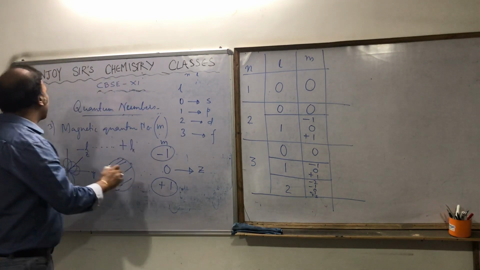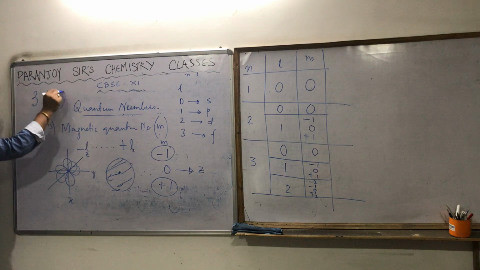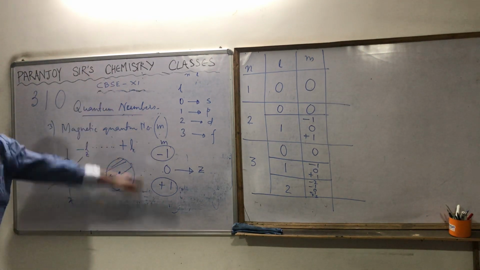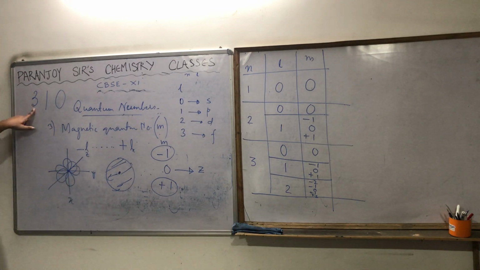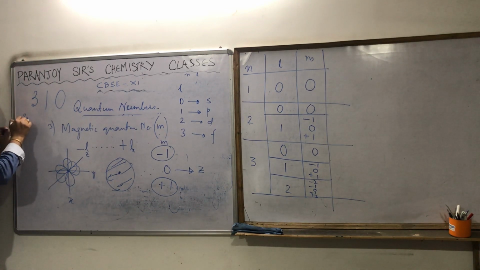Now, if I write these three numbers, 3, 1, 0, you tell me what is the meaning of that. I wrote three quantum numbers, n, l, m. What does n indicate? That we are talking of an orbit present in the third shell.